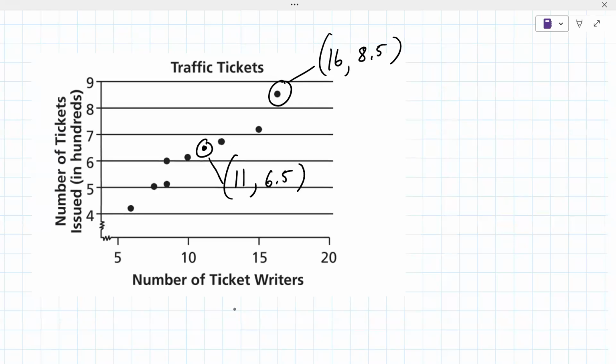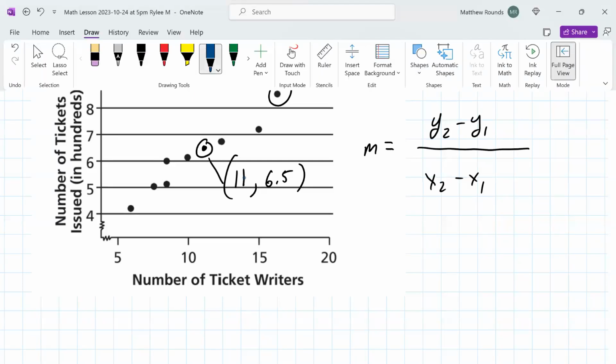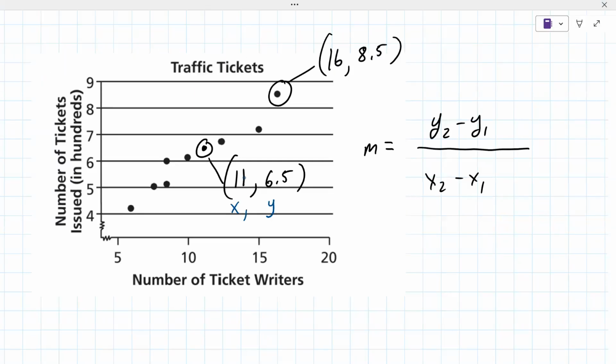Do you remember how to find the slope between 2 points? Do you remember this formula at all? Okay. Why don't you try this formula? Remember the ordered pairs go x1, y1, x2, y2.